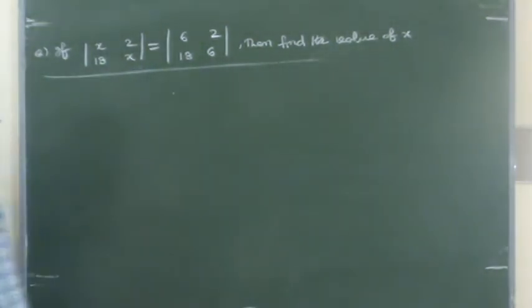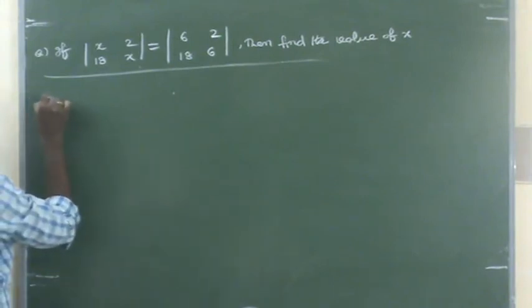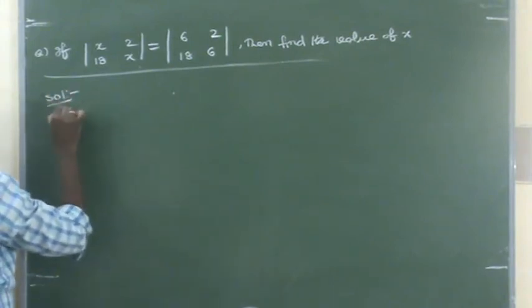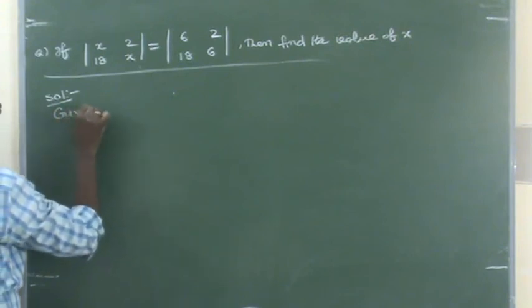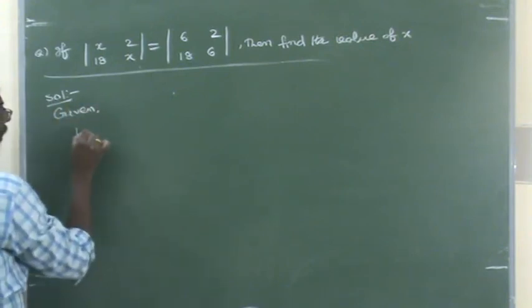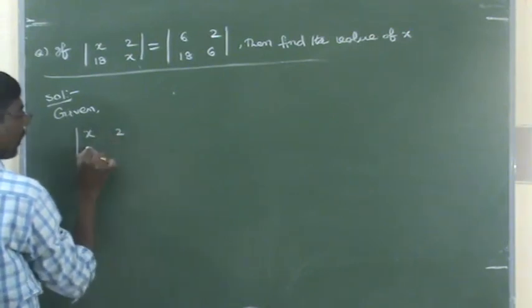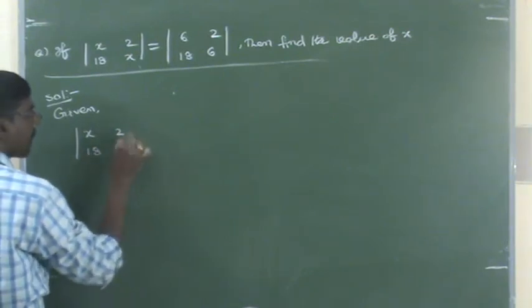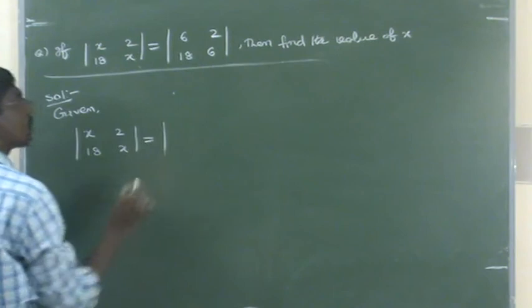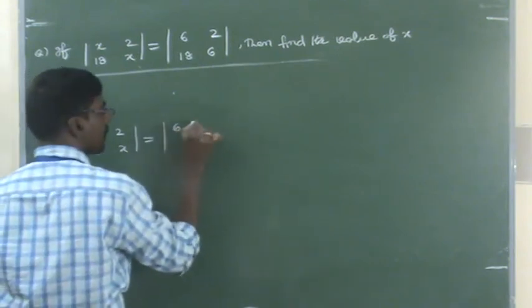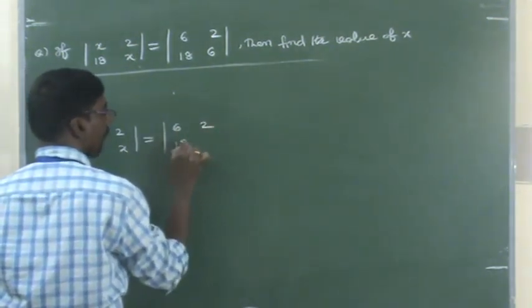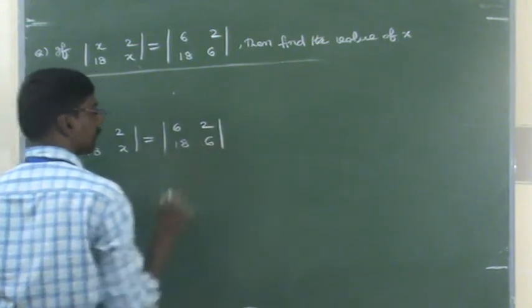In this problem, the solution: given determinant of x, 2, 18, x is equal to determinant of 6, 2, 18, 6.